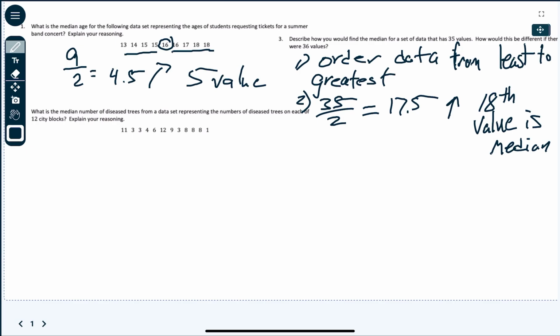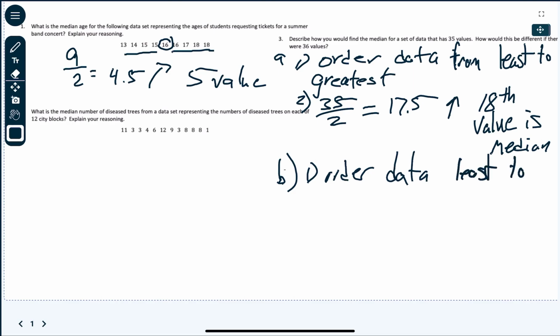So, when there's 36, we'll call this A, and we'll call this B for 36 here. Once again, number 1, we're still going to order the data, least to greatest. 2, we're still going to divide by 2. And we get 18. Now that tells us that there's going to be 18 on the left and on the right. We can split it right down the middle.